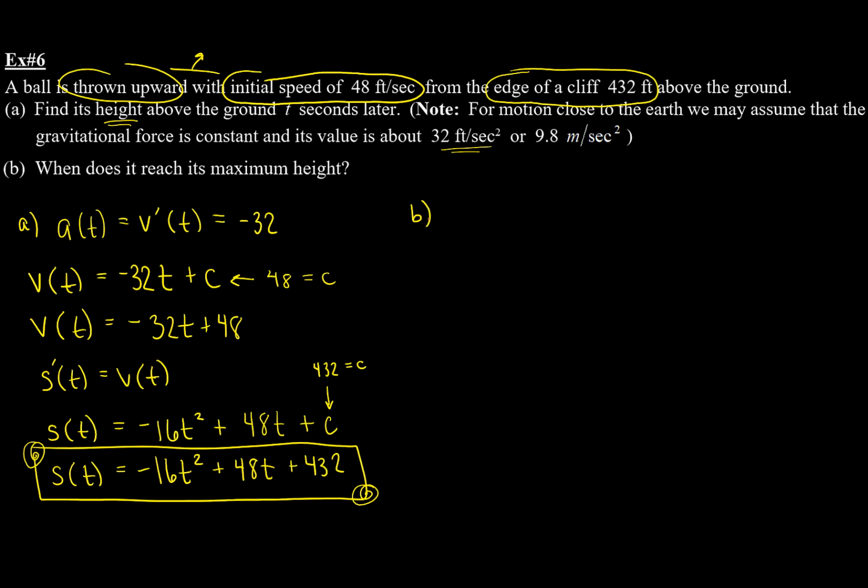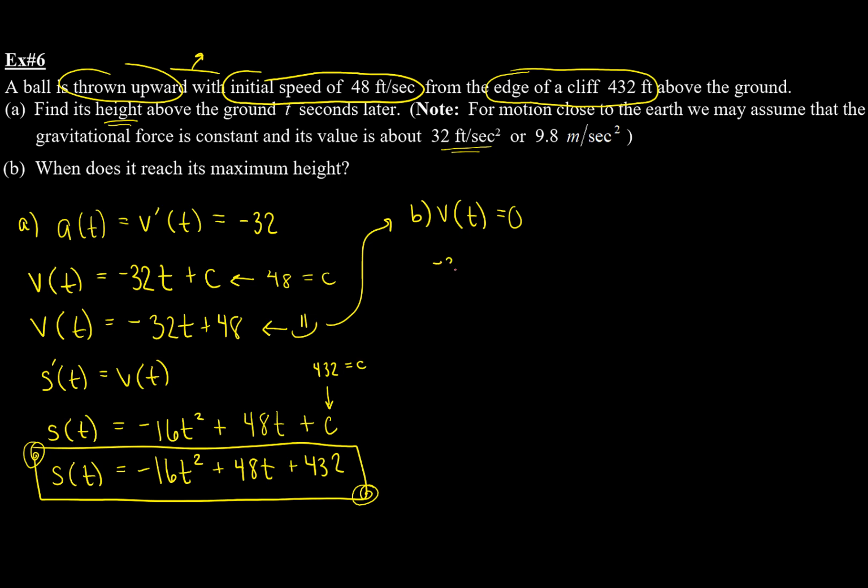Next, when does it reach its maximum height? The maximum height happens when the velocity function is equal to 0. If I go back to my original velocity function, velocity equals 0 when I'm reaching the max height.